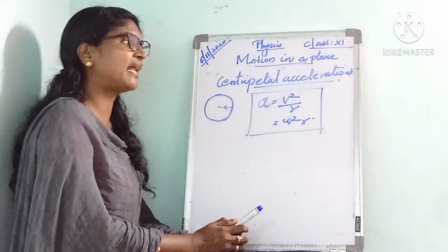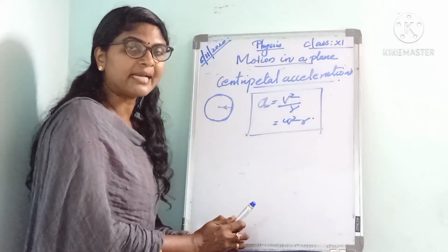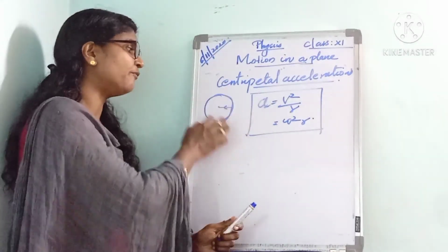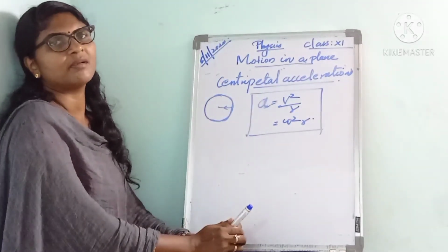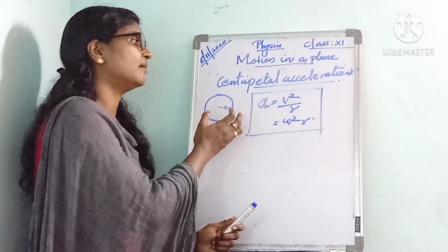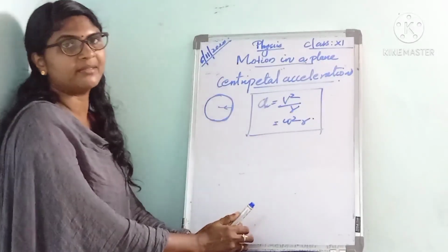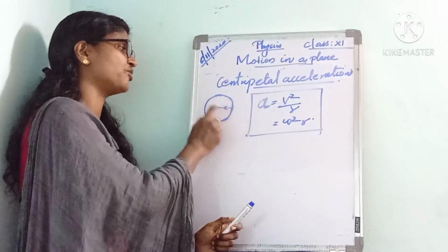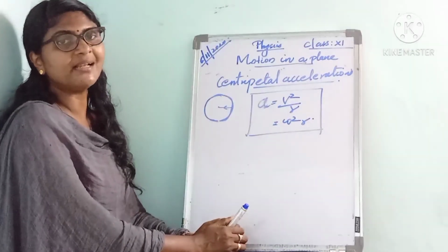It is the acceleration produced on an object when it is in uniform circular motion.